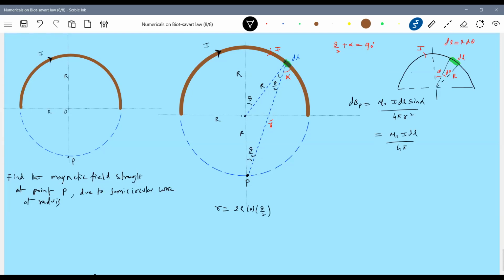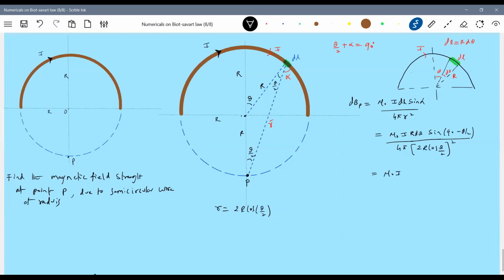From the triangle, small r equals 2r by cos theta by 2. So this will become 2r cos theta by 2. Now dl is r d theta. Sine alpha will be sine of 90 minus theta by 2.